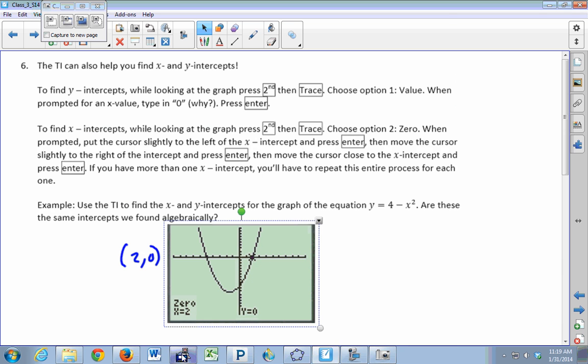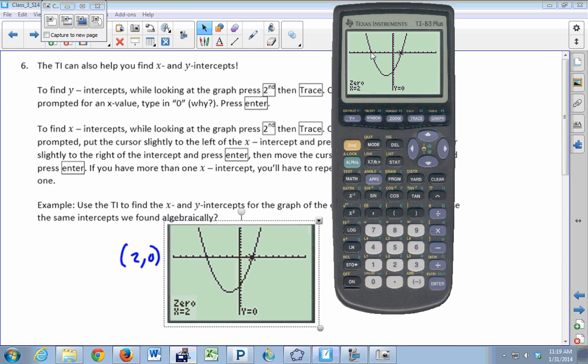Now let's get my second x-intercept. My second x-intercept looks like it's -5? So I hit second calc, I go down to 0, and I say, to the left of -5 is -6. Hit enter. To the right of -5, I don't want to go past this other x-intercept.